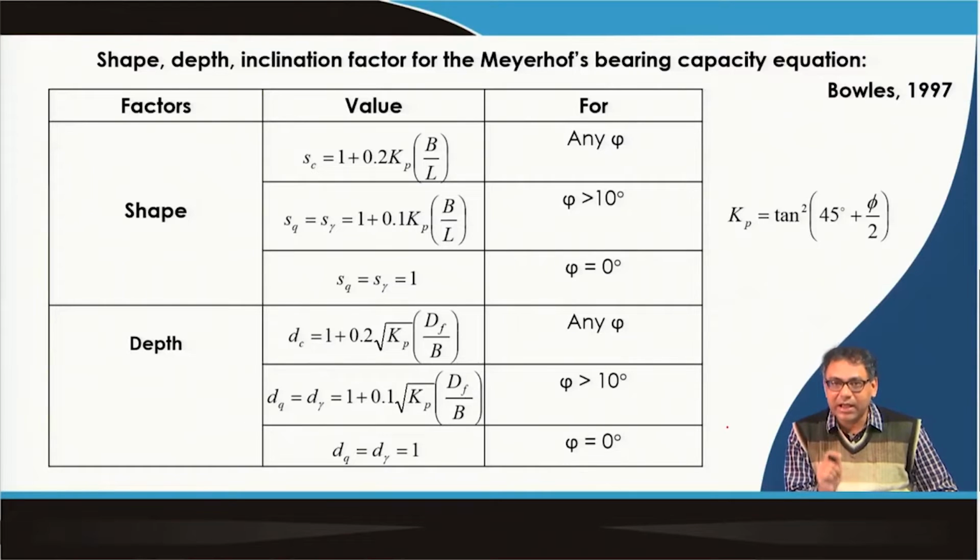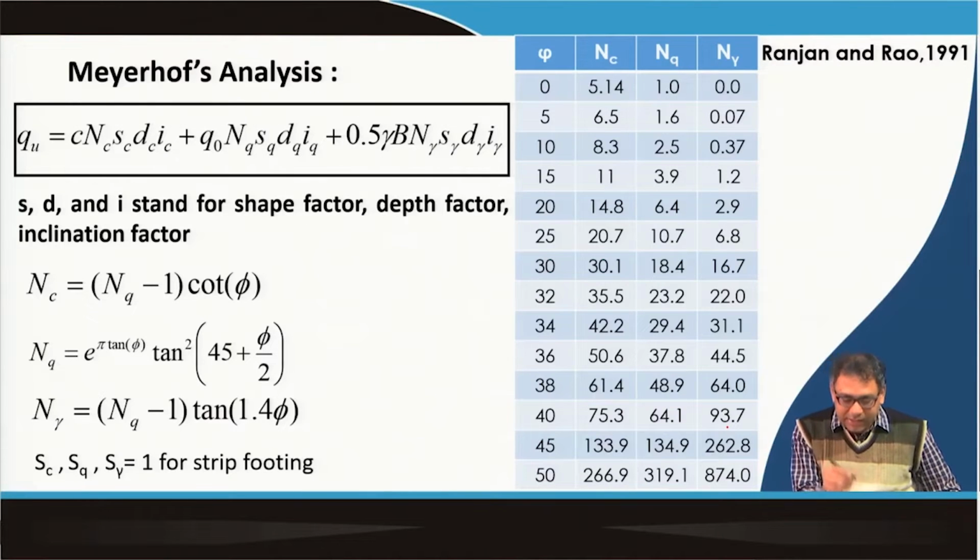So, that means B or L or both are to be replaced by B dash or L dash or both in case of eccentric loading during calculation of shape factor and depth factor as per the Meyerhof equation. Clear? Now, another thing is that here in the third term there is a term B. So, in case of eccentric loading we have to take not B, we have to take B dash. So, these you have to remember.